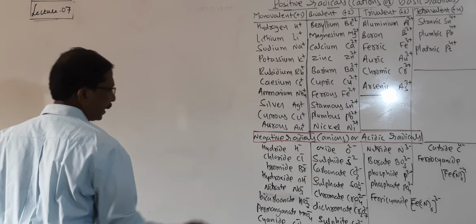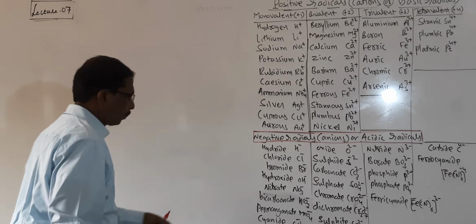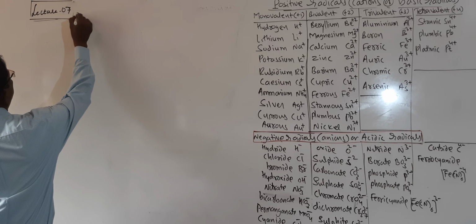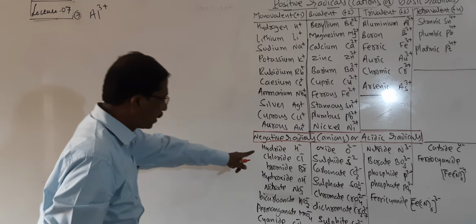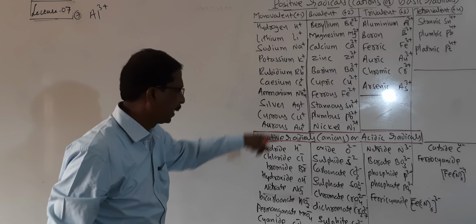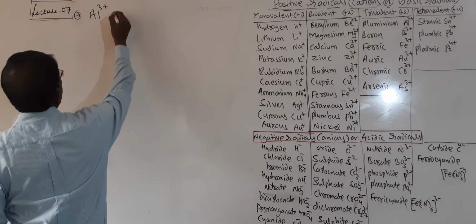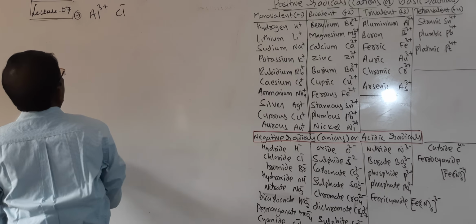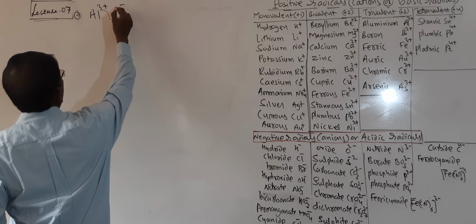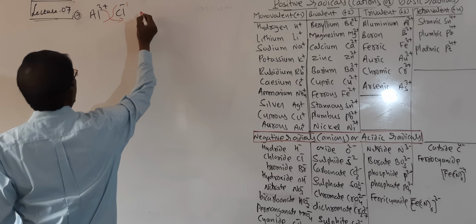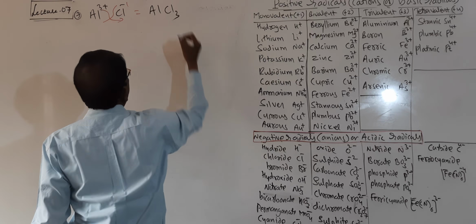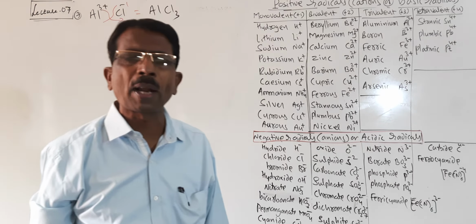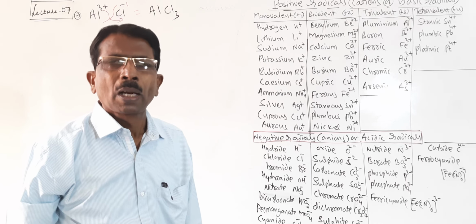Look here, +3. I will take +3 aluminium, Al3 plus, and I will take a single valence, positive and negative. So I will take Cl minus. Look here, cross multiplying. This 3 is multiplied here, this 1 is multiplied here, and then it gives AlCl3. It is called aluminum chloride. Very simple.